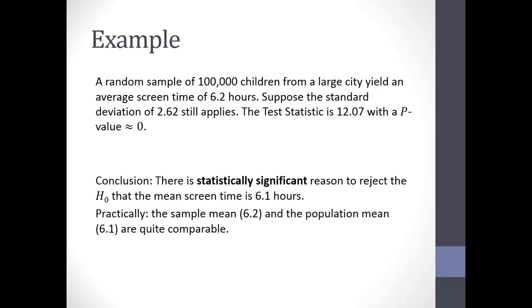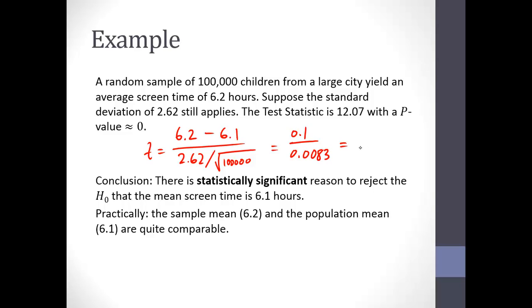Assuming we've checked all our conditions, the test statistic is z equals 6.2 minus that same 6.1 we looked at earlier, divided by sigma over the square root of n, which is now 100,000. So this is equal to 0.1 divided by 0.0083, which is 12.07. There's my test statistic.